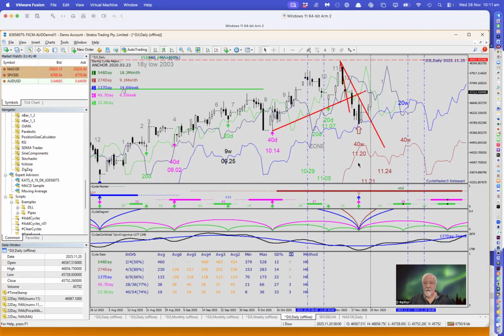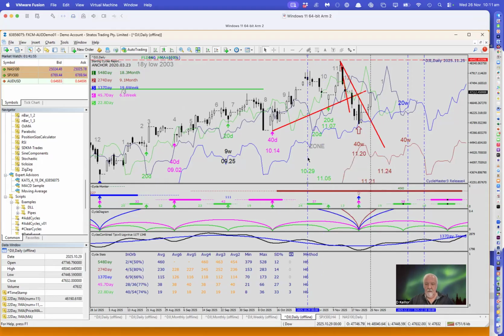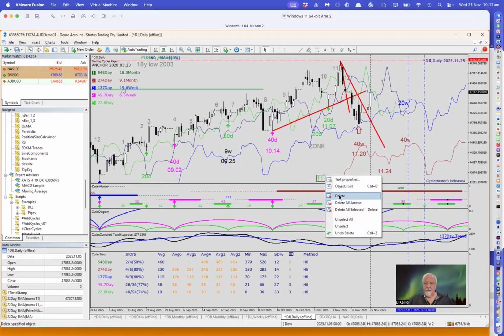Okay, we can also tidy up some more of this as old. Zone lines that we can delete. We can delete old forecasts.